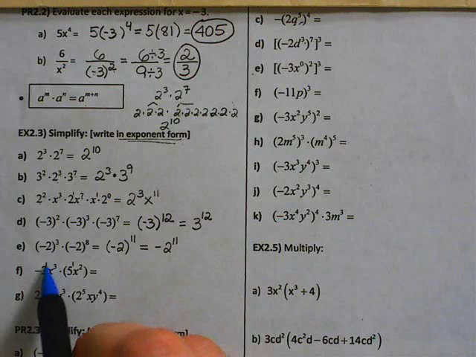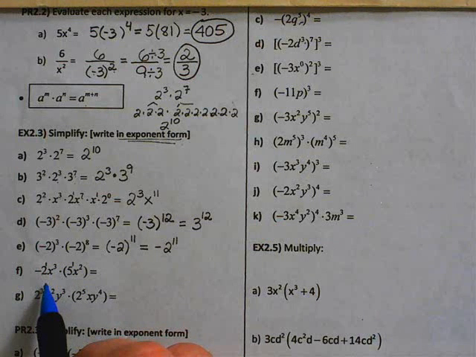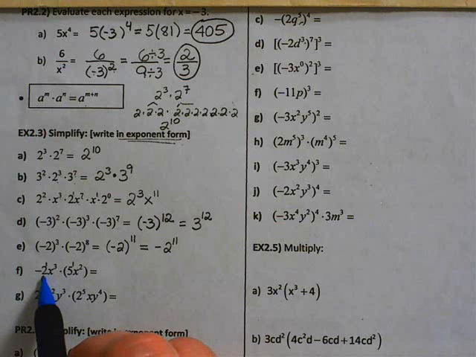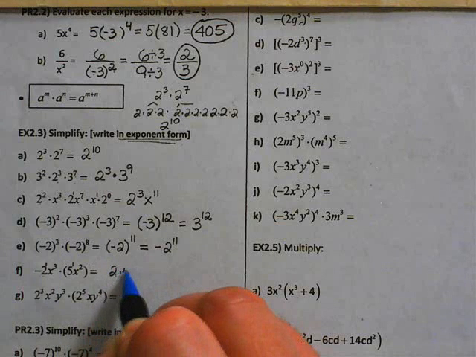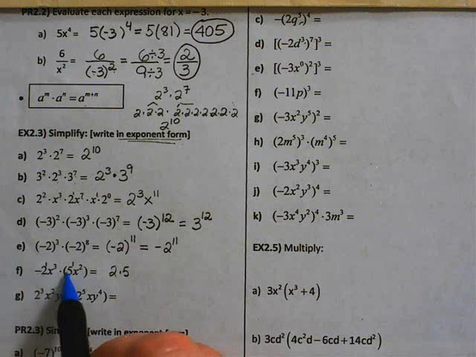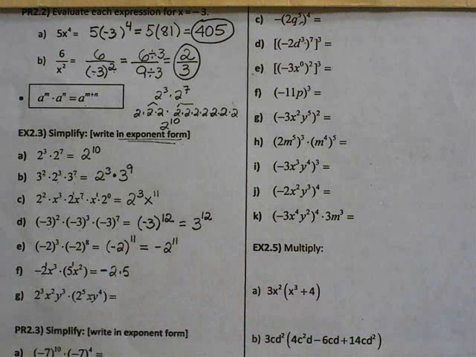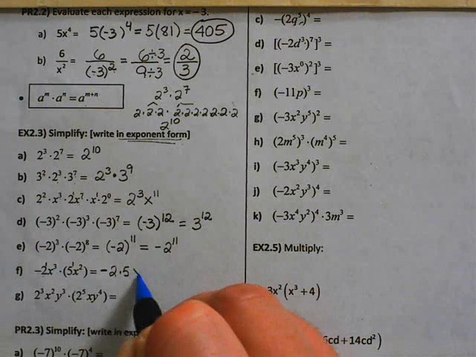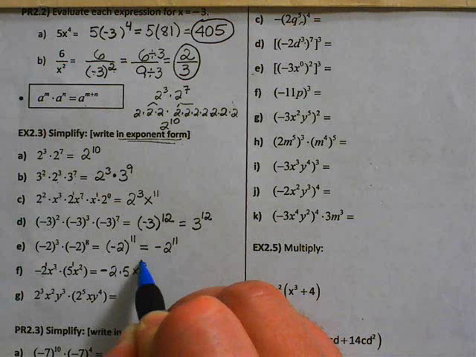Okay? Can I add these two exponents? The answer is no, because the bases are different. Okay? So basically I'm going to have negative 2 times 5. And by the way, a negative times a positive is a negative. But with the x's, I can add the exponents. So the x to the 3 plus 2 is 5.